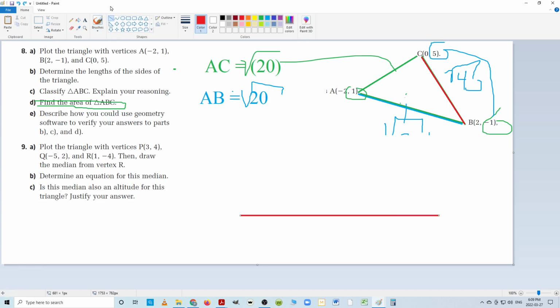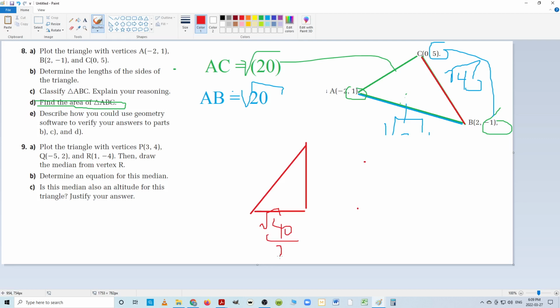To go back to this, it means half the triangle over here looks like this, where I have square root of 20, or square root of 40 divided by 2 over here. And half the thing over here looks like this, and it has another one that's equal on this side, which means this height can be determined.